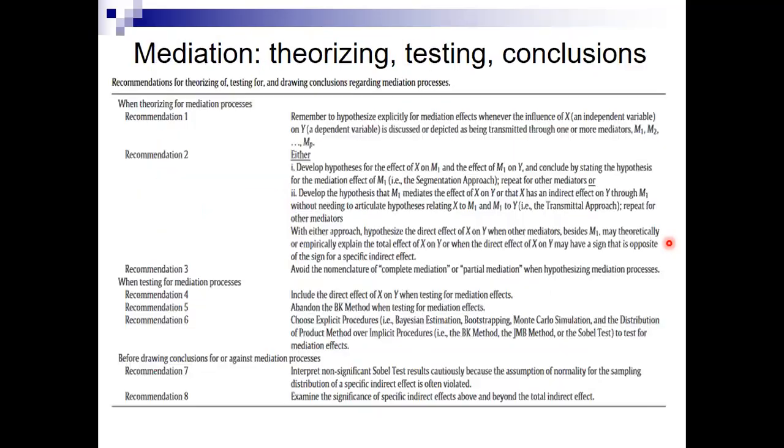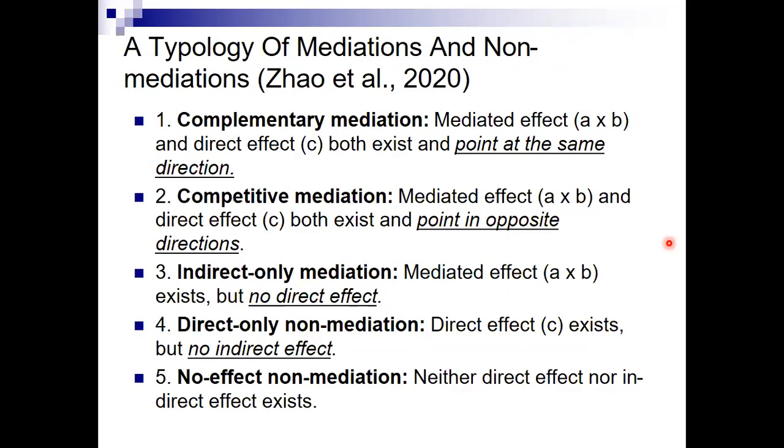But before that, I need to come to this first and show you the typology of mediation and non-mediation. You have to be aware of this. The first one is called complementary mediation. If you're studying variables or situations that have some complementarity, then you could hypothesize and explore complementarity of mediation.